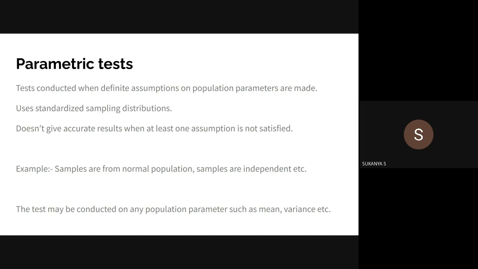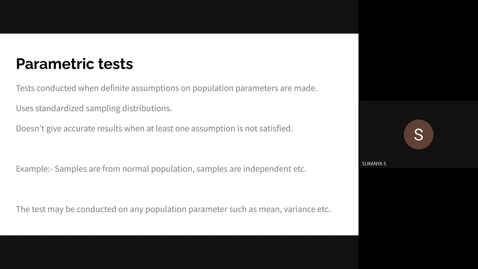Now when you have a set of predefined assumptions to apply this test, for example, consider a case where you want to test the average marks of students of your college. It's mandatory that the student must be enrolled in your college, right?